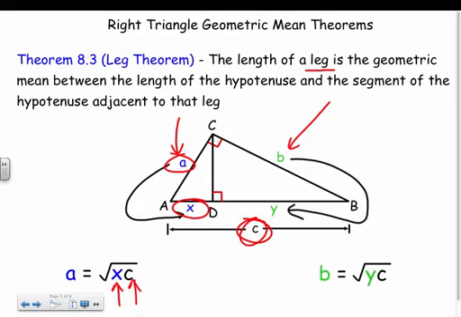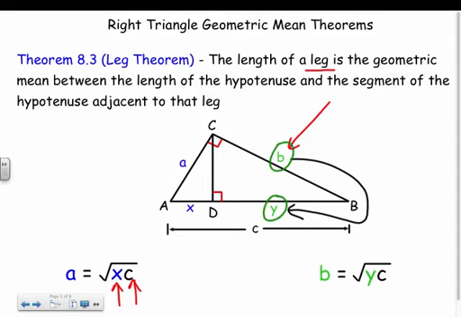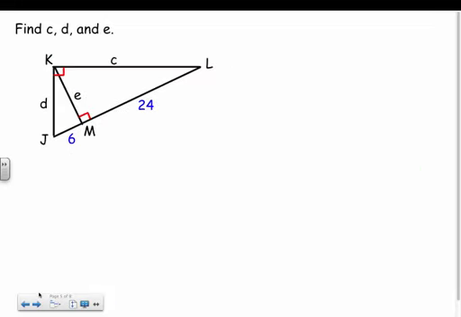So they kind of match up. That one's a little more confusing. To find B, if I want to find this leg, I take the segment adjacent times the hypotenuse of the big triangle, and I take the square root to find that leg. Those ones are a little bit harder to come up with. The altitude theorem is much easier. Let's go ahead and use all these things now.